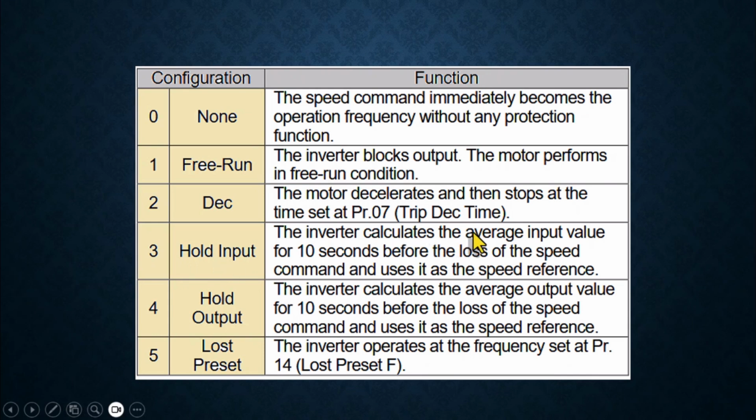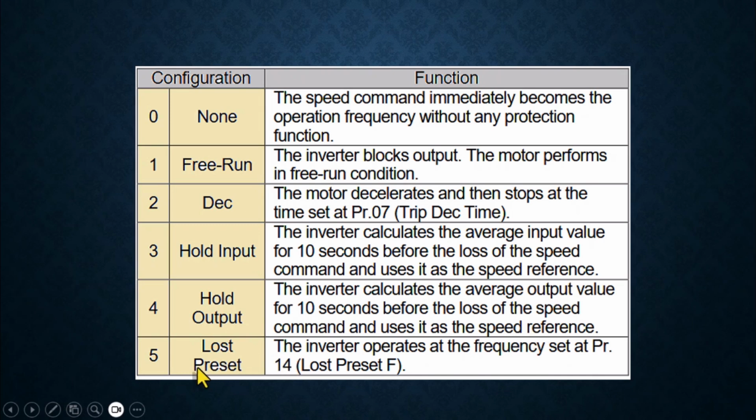The third option is hold input. The inverter carefully measures the average speed, which is the input value, over 10 seconds and utilizes that as the speed reference. The next option is hold output. This time, instead of calculating the average input over 10 seconds, it calculates the average output speed over 10 seconds and uses that as the speed reference.